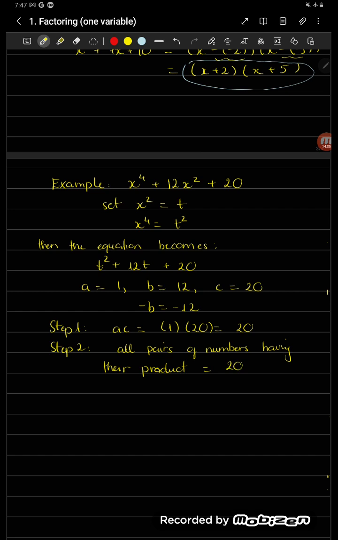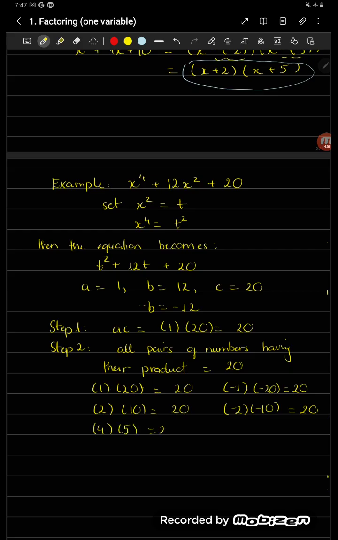Okay, and here we have 1 times 20 equal to 20. Negative 1 times negative 20 equal to 20. Okay, so we have 2 times 10 equal to 20. We have negative 2 times negative 10 equal to 20. We have 4 times 5 equal to 20, and we have negative 4 times negative 5 equal to 20.